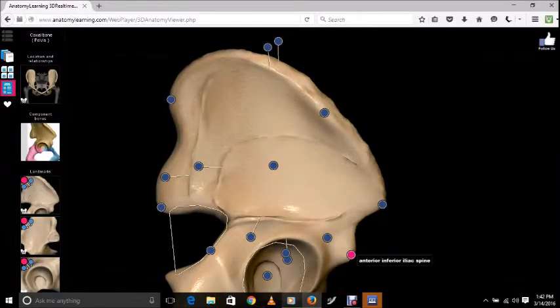So you sort of know that these top four protrusions here have the same name because they're on the same bone, the ilium. And the ones that are on the top are superior, and the ones that are near the bottom are inferior. Additionally, the ones in the back are posterior and the ones in the front are anterior.